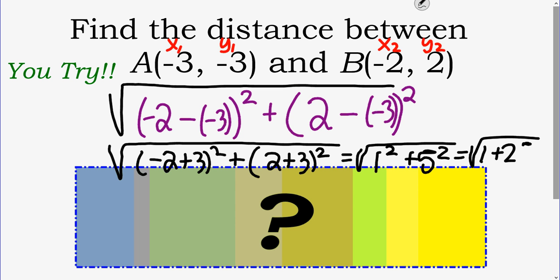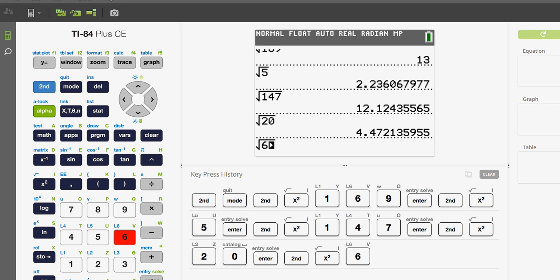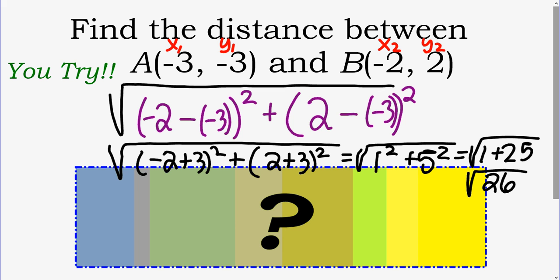And 5 times 5 is 25. So 1 plus 25 is 26. And the square root of 26 is 5.10. So AB is 5.10.